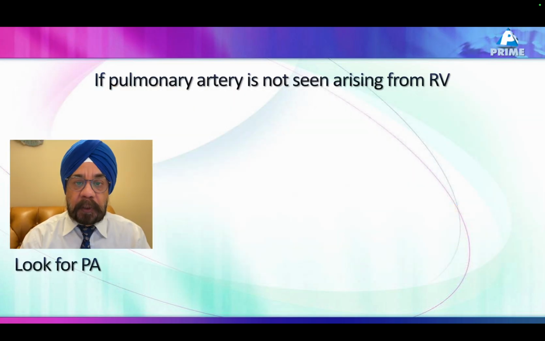If you don't see a pulmonary artery arising from the right ventricle, how sure can we be whether the small pulmonary artery you see is arising from the right ventricle? Look at the pulmonary valve. In case you have a pulmonary valve, that means it's coming from the right ventricle. You don't see a pulmonary artery, so what do you do?